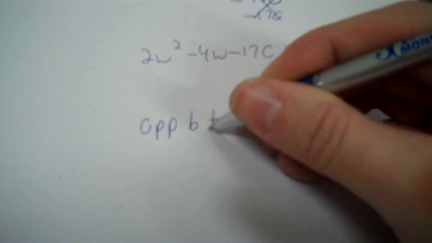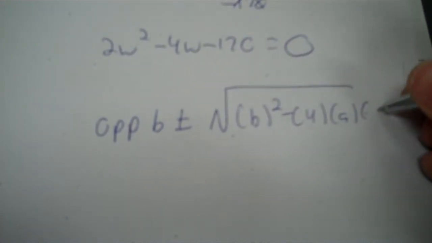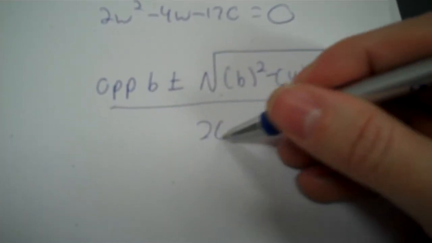That T chart's not going to work. Opposite of B plus or minus the square root of B squared minus 4AC over 2A. Opposite of B is 4. I'm just going to get rid of this square root and put 37.09. I mean, I just pretty much calculated that. You can draw it out. You're going to get the same thing, assuming you do everything right.